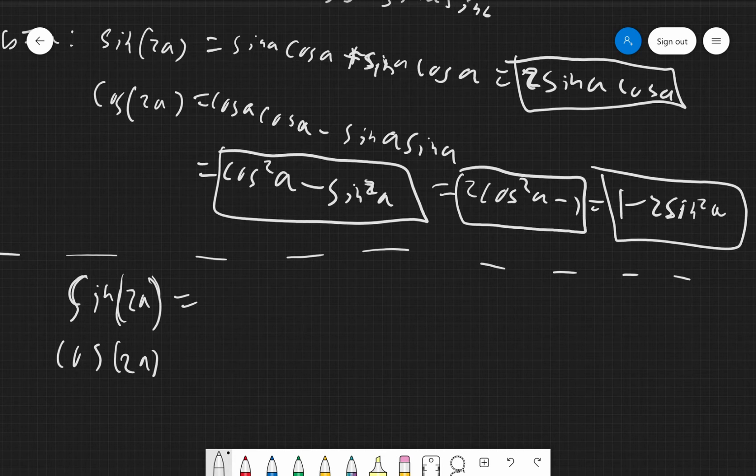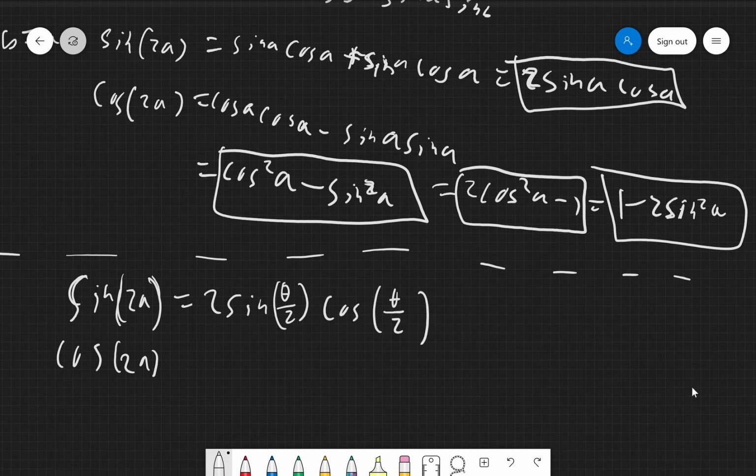If a is equal to theta over 2, then we can use the double angles. So now we can say that's equal to 2 times the sine of theta over 2 times the cosine of theta over 2.